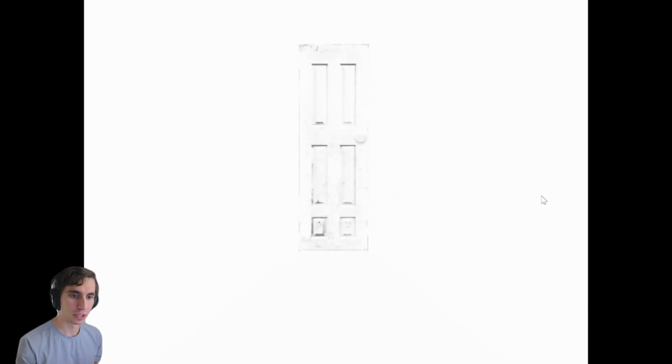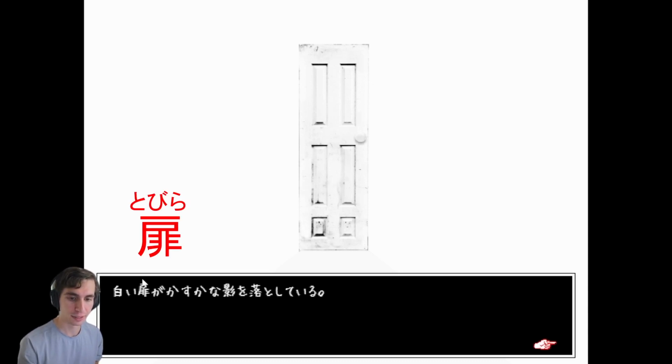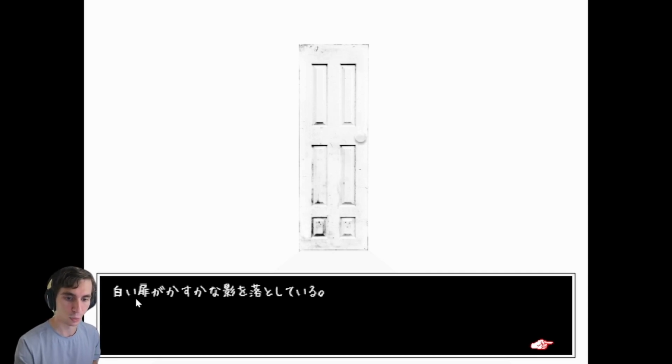So I'm gonna open this door because we haven't gone here yet. Okay, so we have a white door here, and it tells us that because it says shiroi. So shiroi is white, and it's an adjective. And then tobira. That's kind of difficult to see. That is door. So it's a white door.